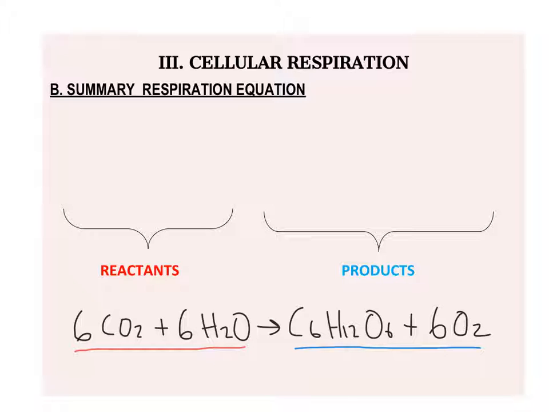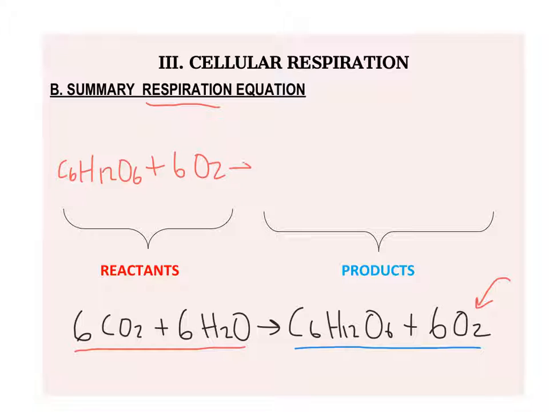So the reactants in cellular respiration are first glucose, C6H12O6 glucose plus 6 oxygens. Now hopefully you notice the reactants for respiration are exactly the same as the products in photosynthesis. So this is kind of like just the reverse.